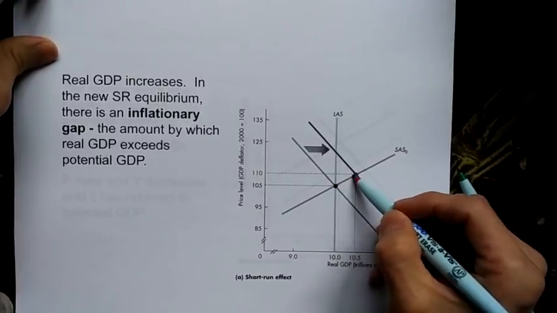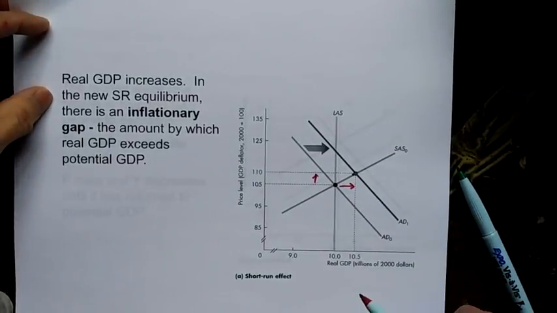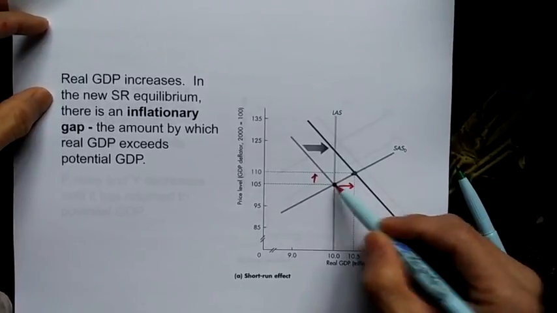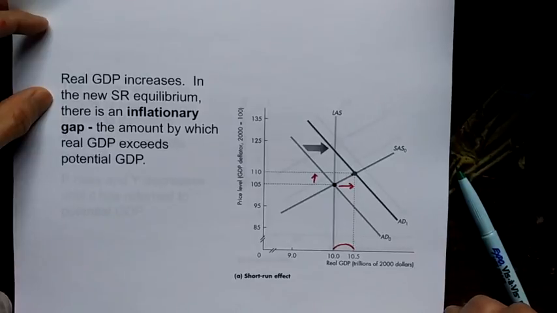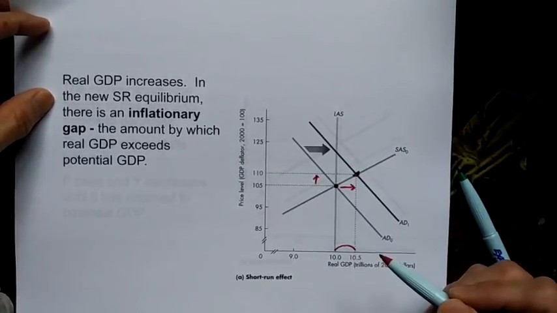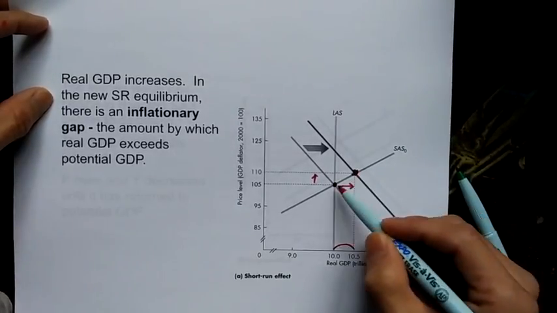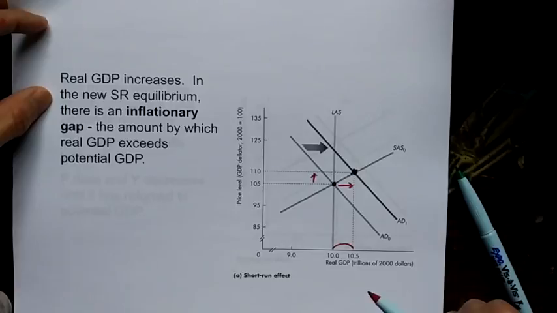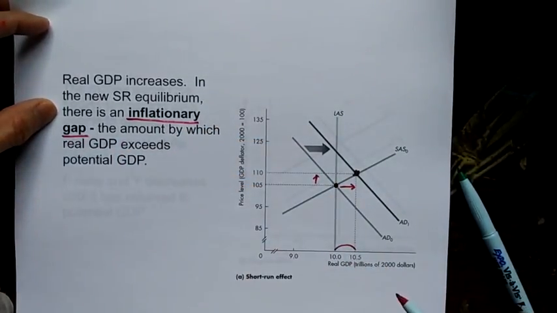So price level increases, output level increases. We call the difference between the actual output and the potential output. If the actual output is higher than the potential output, we say that the economy has an inflationary gap.